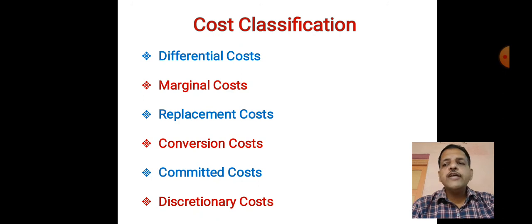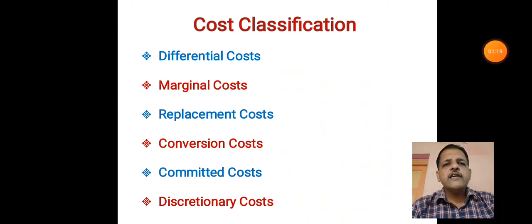In the long period we can avoid that. For example, if we purchase machinery, then we can't change our decision and sell it today or tomorrow. We have to incur depreciation every year on that. In the short run we can't change our decision or sell that machine. So depreciation on machinery is an example of committed cost.